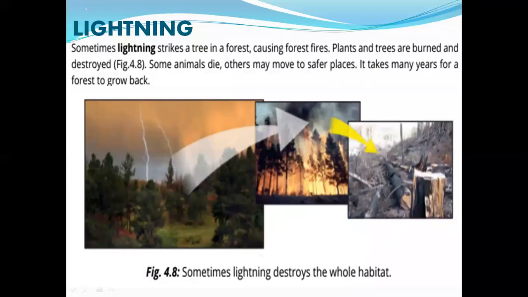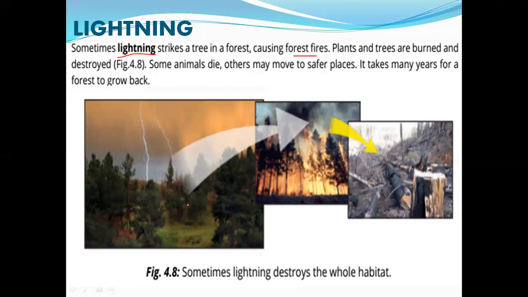The next natural factor that can change the population in a habitat is lightning. Seldom does it happen, but it has a great effect on that habitat. When lightning strikes a tree in a forest, causing forest fires, many trees or the complete forest burn out in this process, decreasing the tree population, and lots of animals can be burnt and die there.